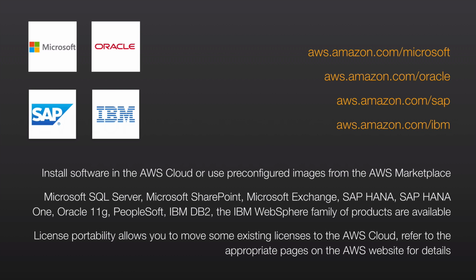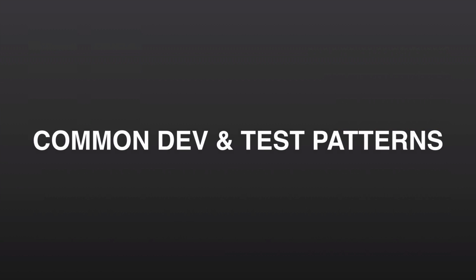So you can find out more details on licensing terms, including details about license portability, if you check out the resource centers associated with those software vendors on the AWS website. Let's move on now and take a look at some common dev and test patterns that we see across a wide range of different customers that are using AWS for these kinds of workloads today.